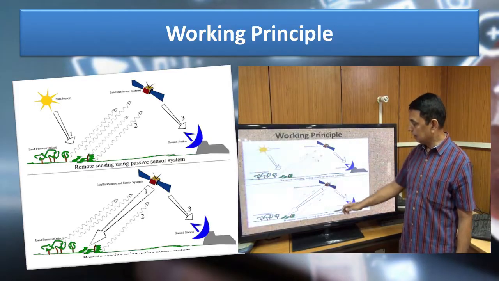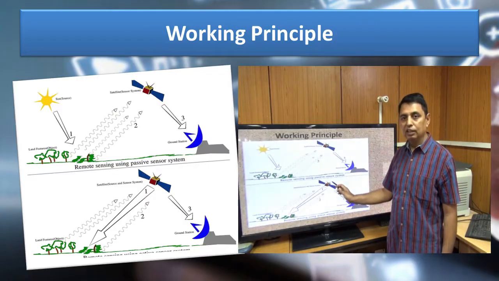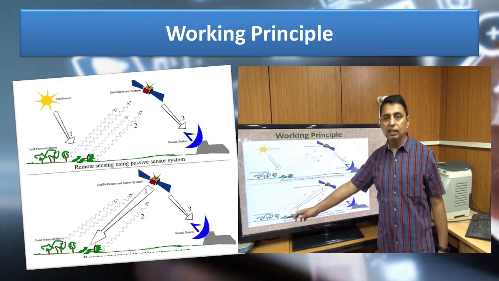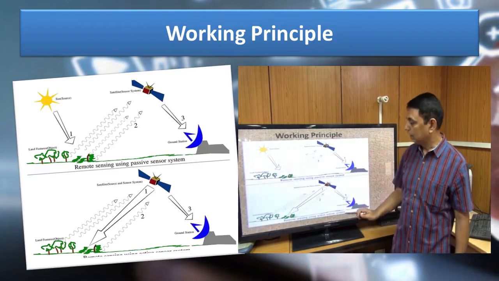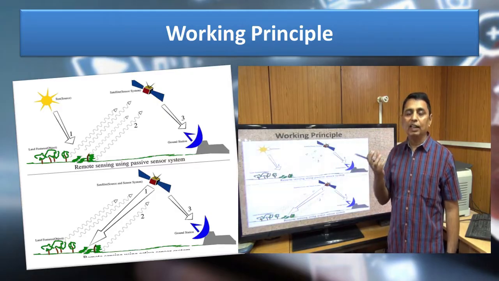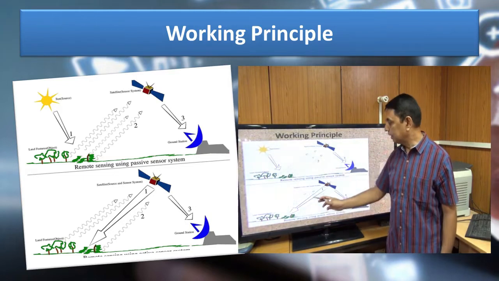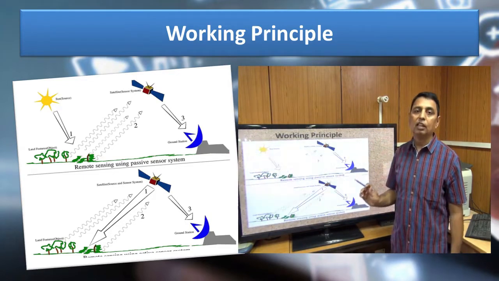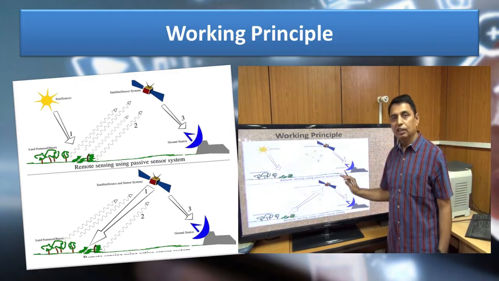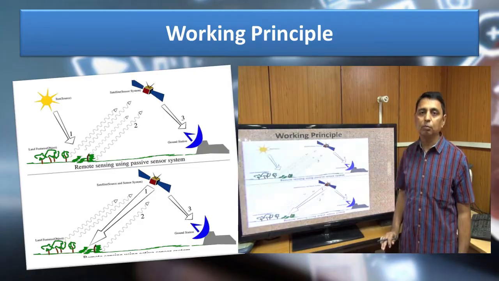But in the second example, electromagnetic wave is coming from the satellite and reaching the land resources, and from land resources some electromagnetic waves are absorbed, some scattered and some reflected back, and that reflected electromagnetic wave is received by the satellite, and that received signal again comes to the ground station for analysis.